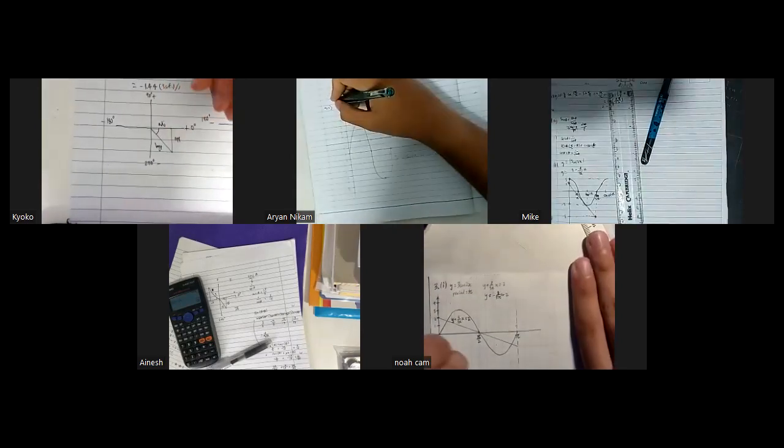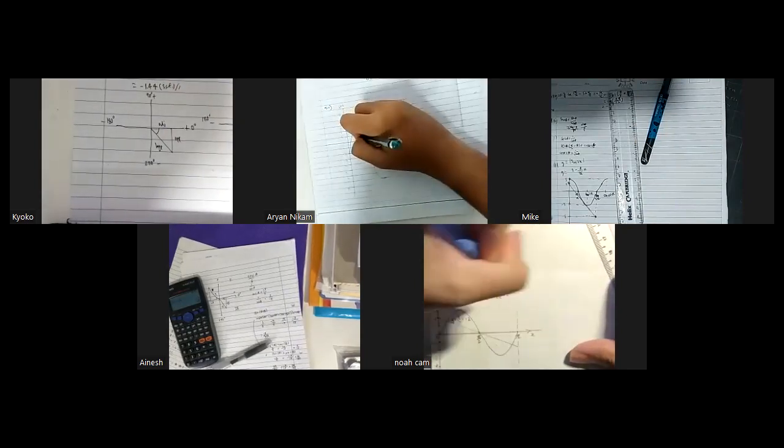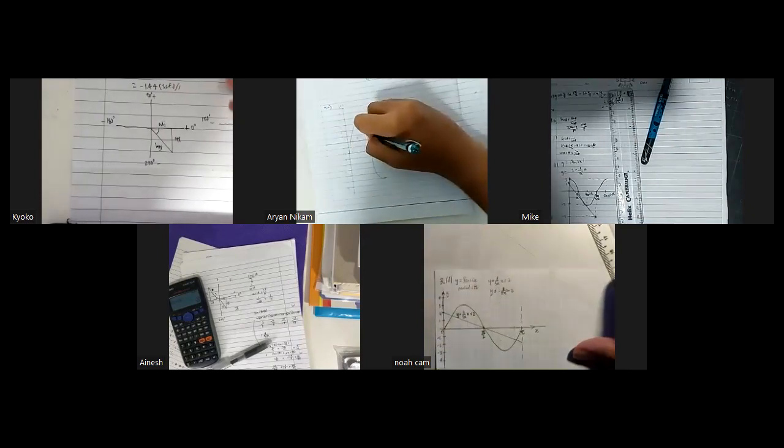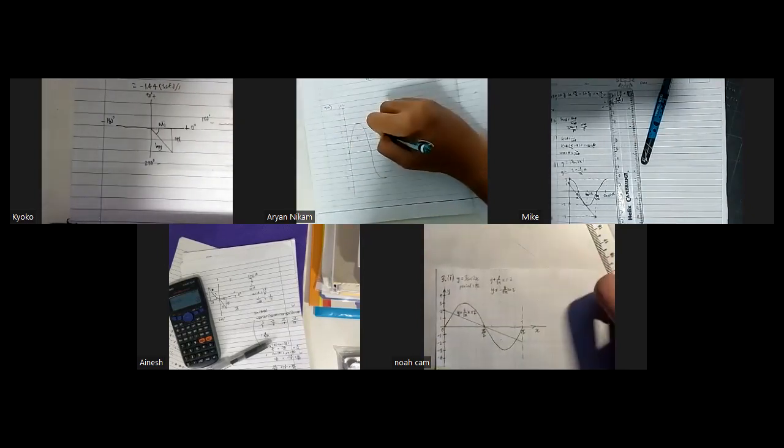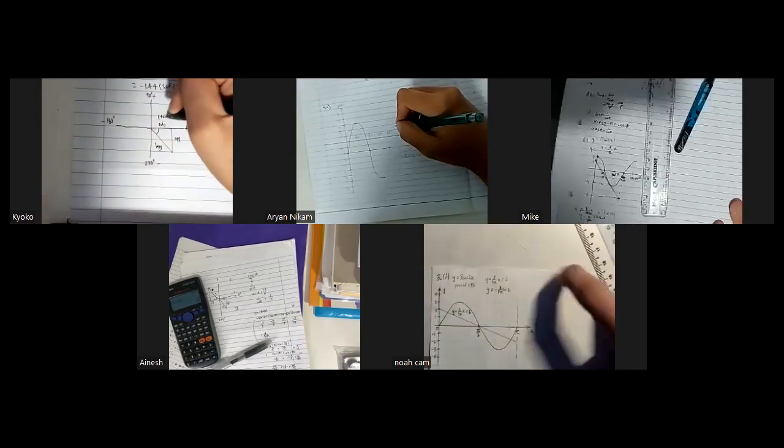Okay, Aryan, I think your drawing is very nice. The labeling of the x-axis, at least one, please. At least I want to see the period, the x-axis. Okay, so Mike, I think what you're drawing is reasonable. Why is the 3 pi over there?